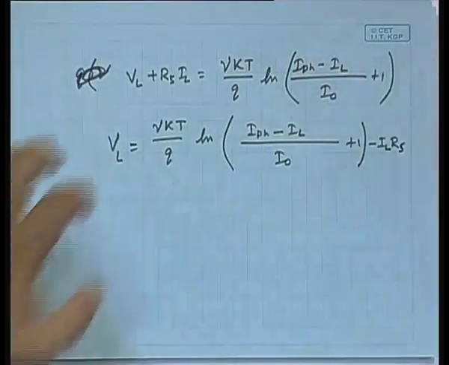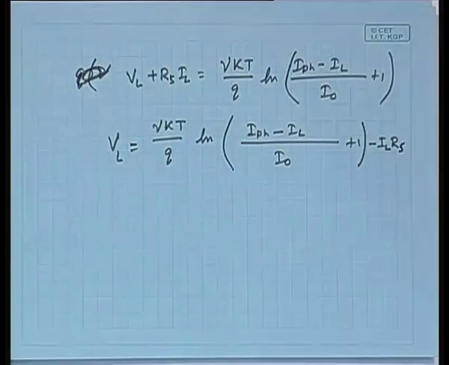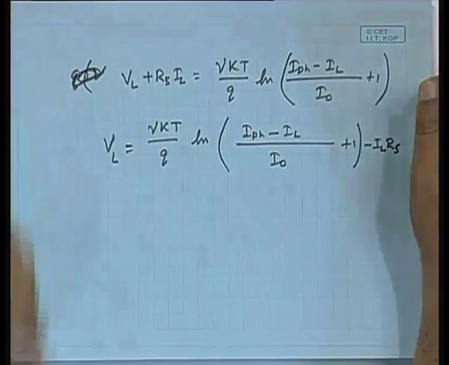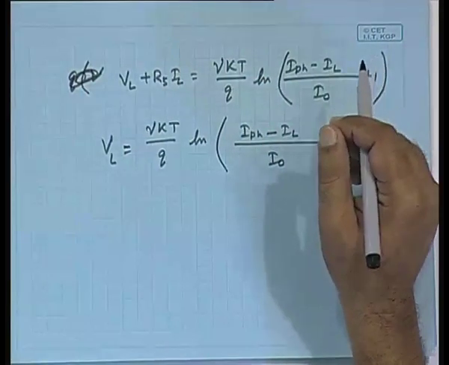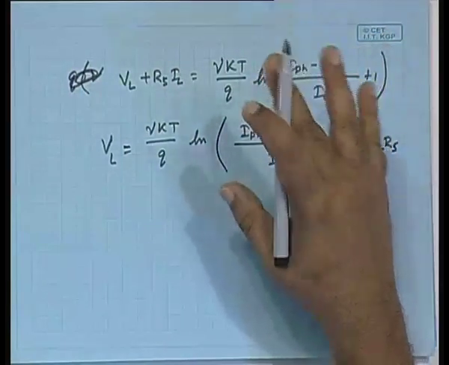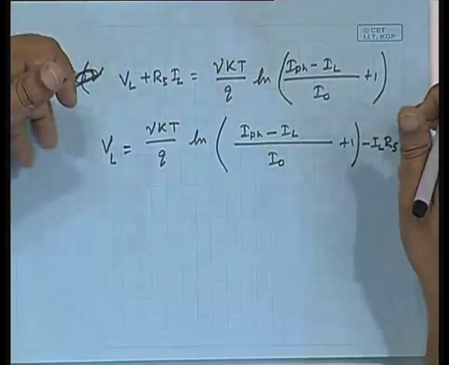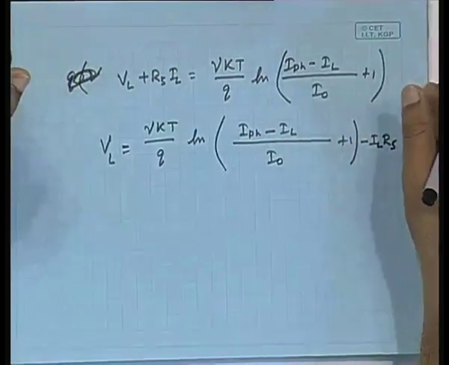So, we have been able to extract the V L in terms of I L. This has been possible only because we have ignored the shunt resistance. Once you take it into account, you will not be able to do that, but nevertheless that is how we get some bit of idea about it.